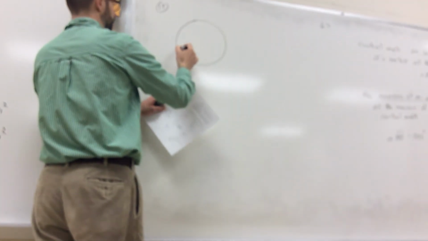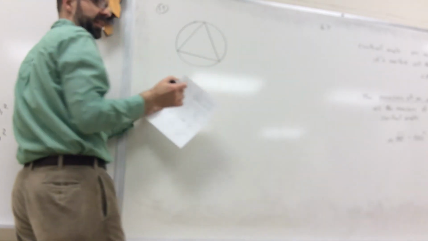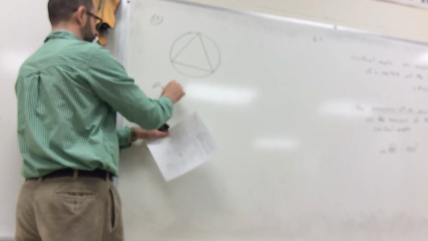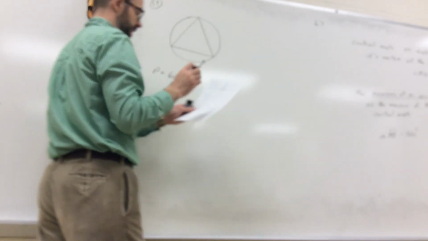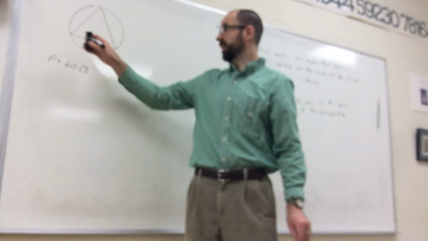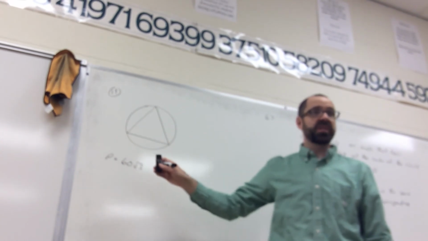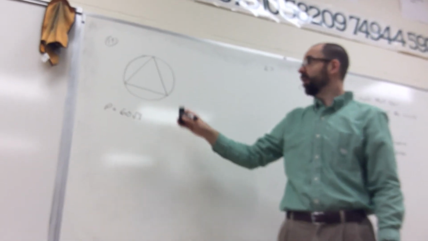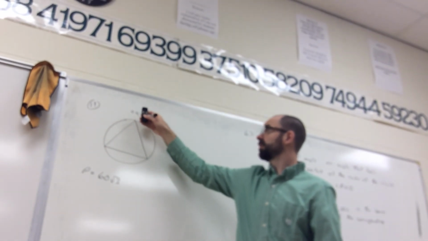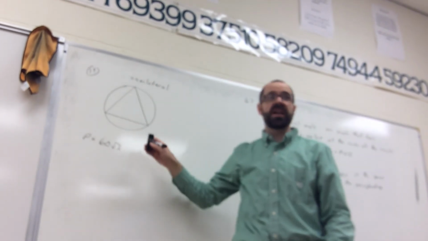And there is a triangle inside the circle, so it's kind of connecting last unit with this unit, and we're given just that the perimeter of the triangle is 60 times square root 3. So that means all the way around the triangle is 60 root 3. Oh, and the other piece of information is this is an equilateral triangle. So that means all three sides are equal.